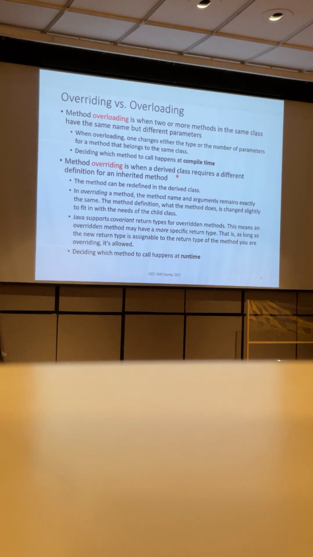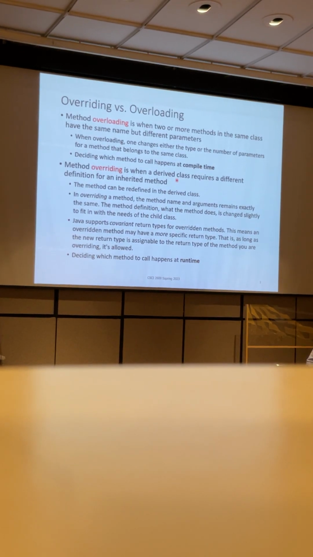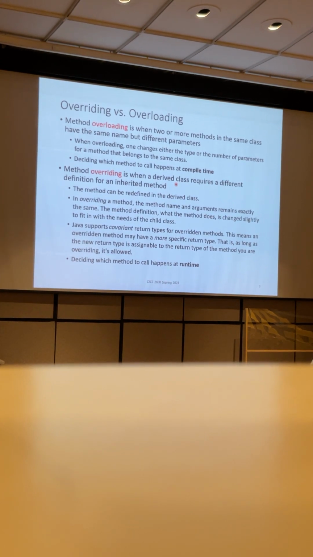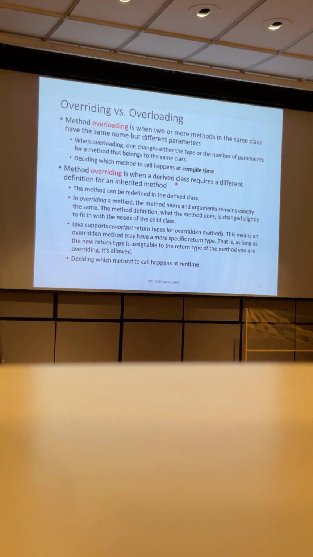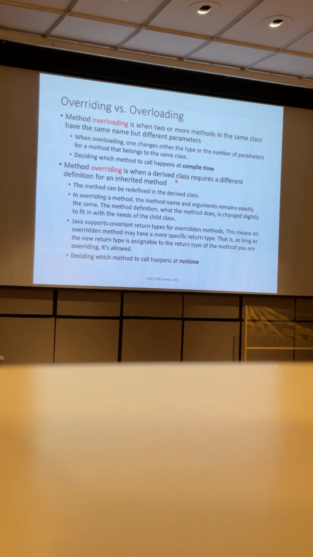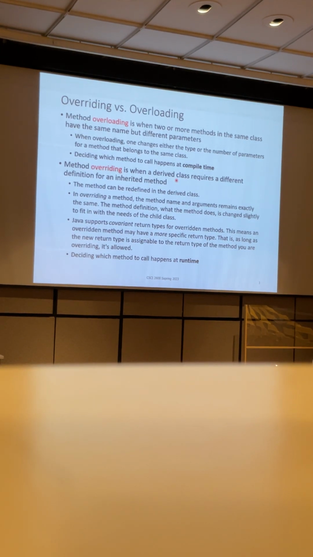Because overriding happens when we have a supertype and a subtype, and in a subtype, we override the method that we inherited, right? So we want to provide a different implementation, different definition for a method that we inherited from our supertype.